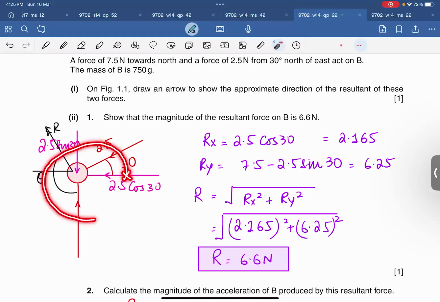So this will always be the rule. But since they have given you this as a reference line, you have to go to this point, okay? Clear? Yes. Yes, ma'am.